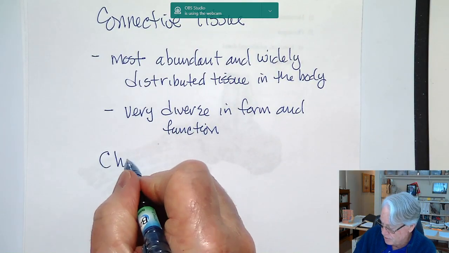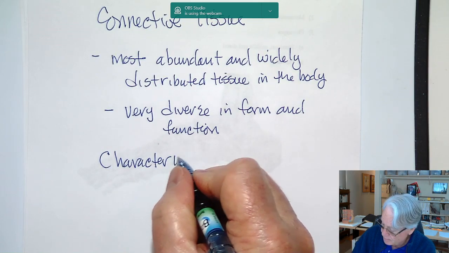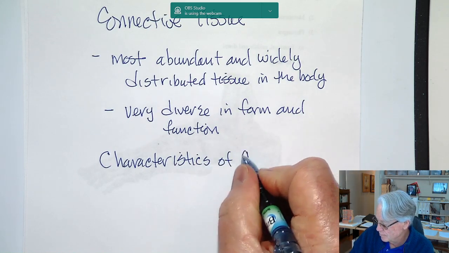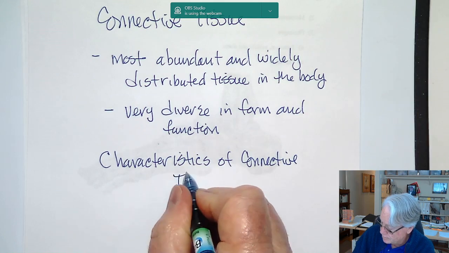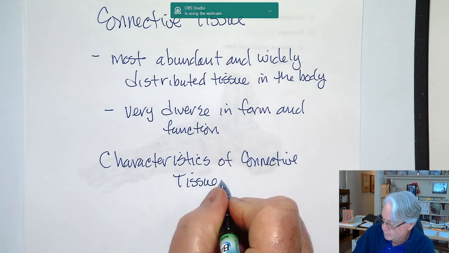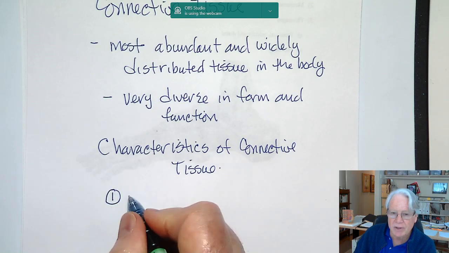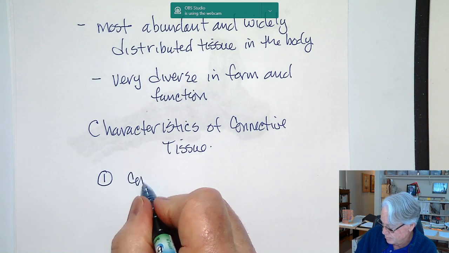So characteristics. Okay. Number one, connective tissue consists of two elements.